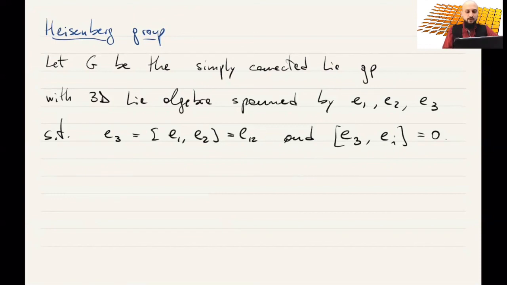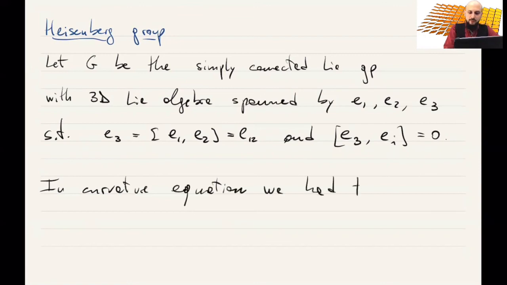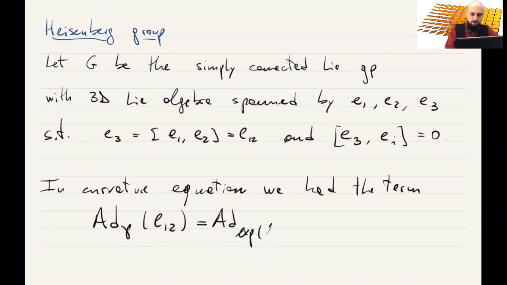Okay, very good. So now, in the curvature equation, we had the term ad gamma of E12. Remember, we can write gamma in exponential coordinates, as exp of log gamma.